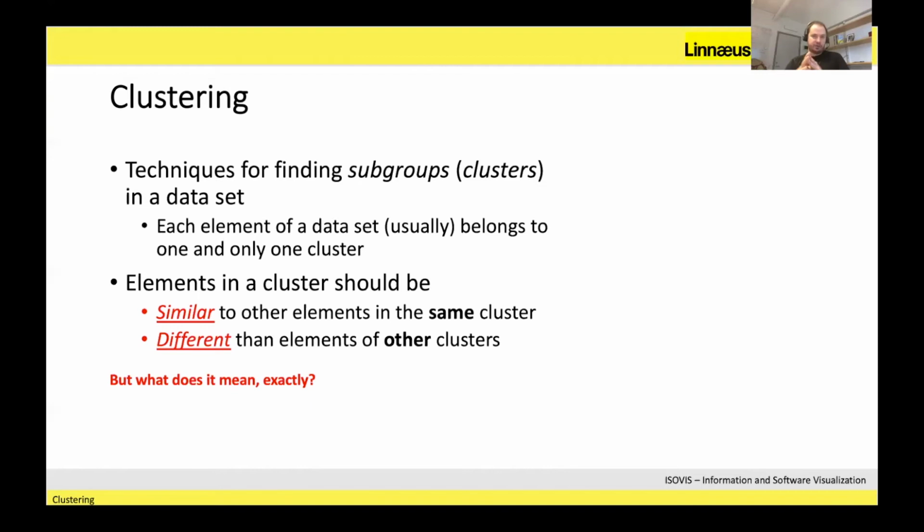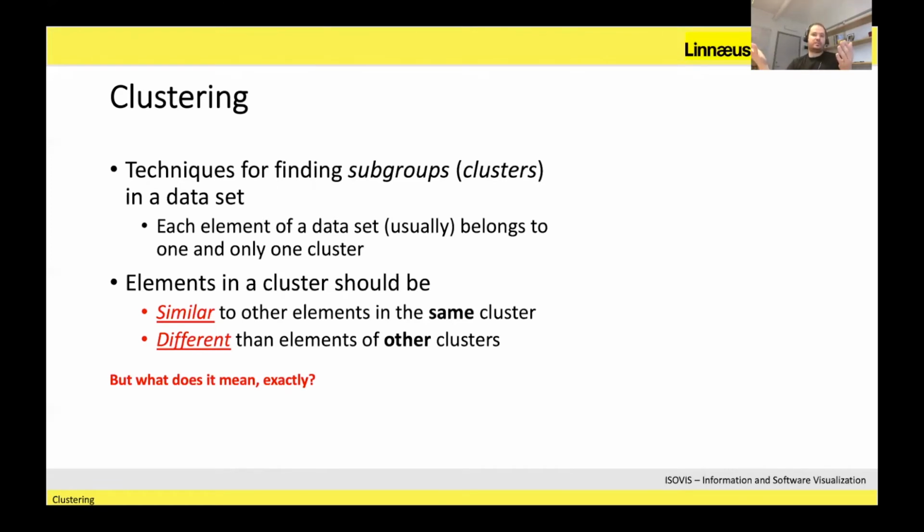But in general, in order for an element to be in a cluster, it must be similar to other elements in the same cluster. So the points that comprise a cluster should be similar. Even though similarity and clustering could be defined in many different ways, for every clustering technique, the elements in a cluster are supposed to be similar to each other, and different from elements of other clusters.